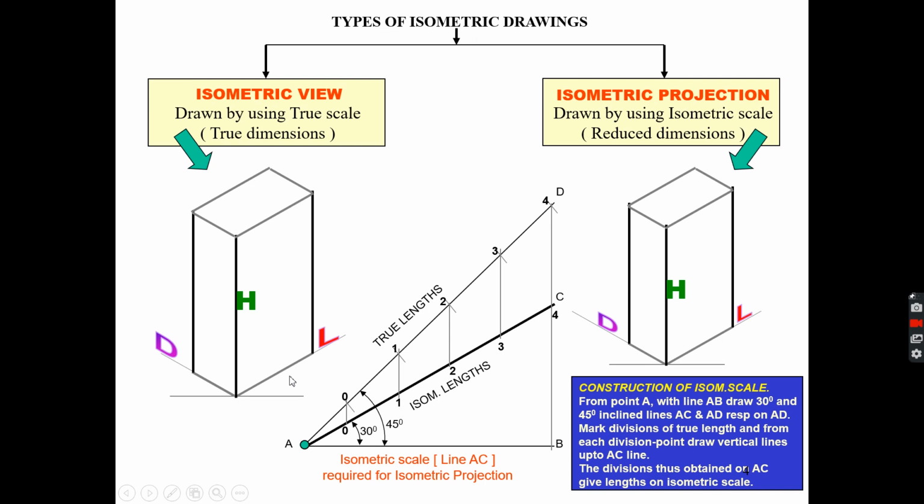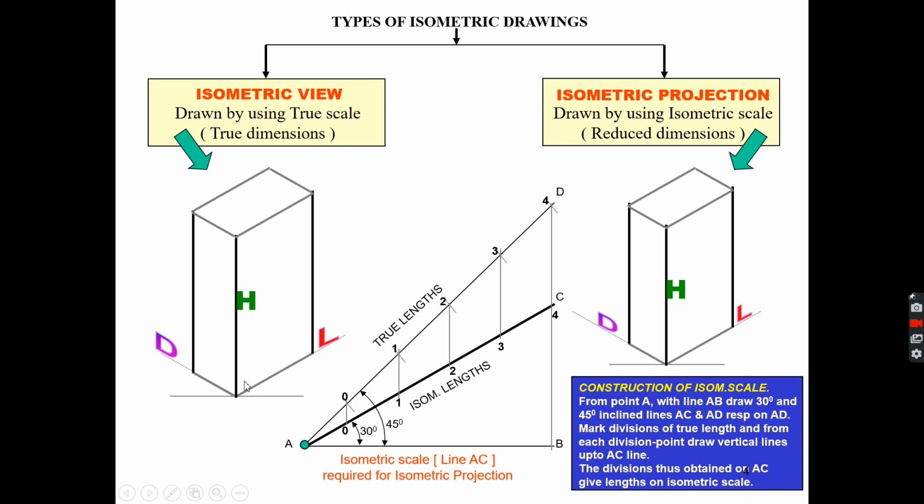How? This is the axis OL, this is the axis OD, and the angle between the two axes is nothing but 120-degree. Similarly, this angle is 30-degree, and this angle is 30-degree. So this angle is 120-degree, but in actual the angle between two faces is 90-degree.